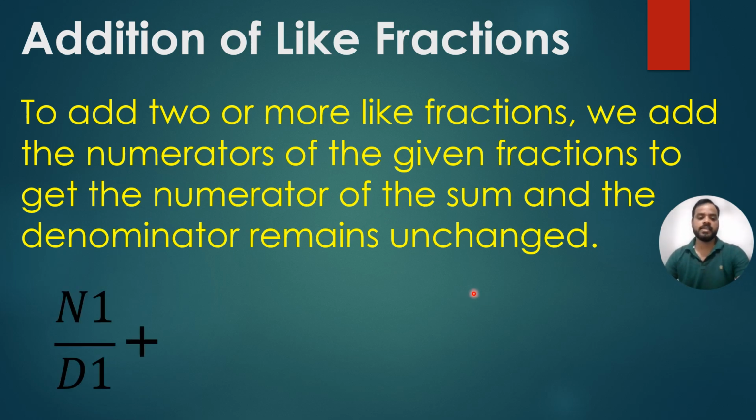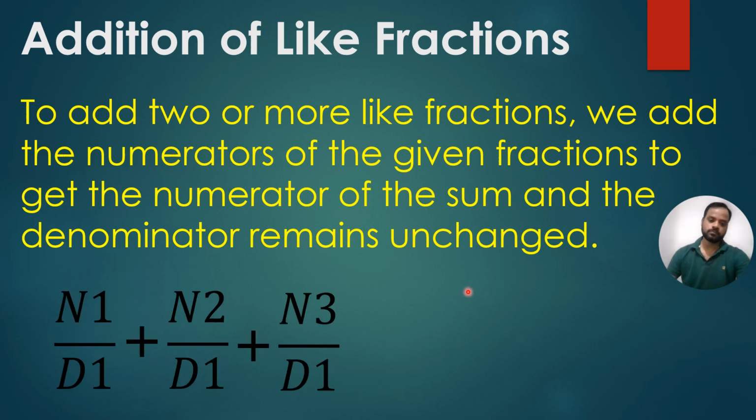So let us see one example. n1 by d1 is the first fraction, n2 by d1 is the second fraction, and n3 by d1 is the third fraction. Look, the denominator of all these fractions is same.